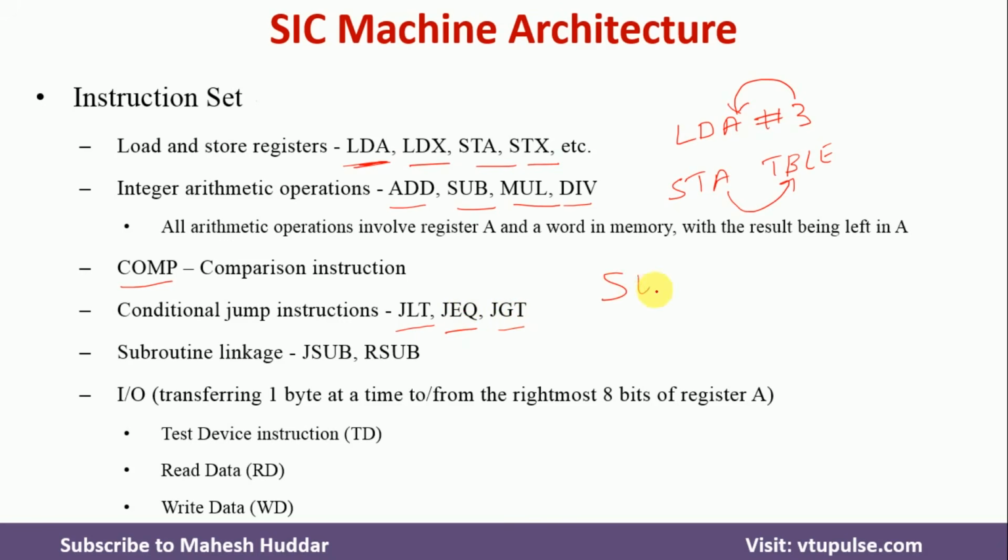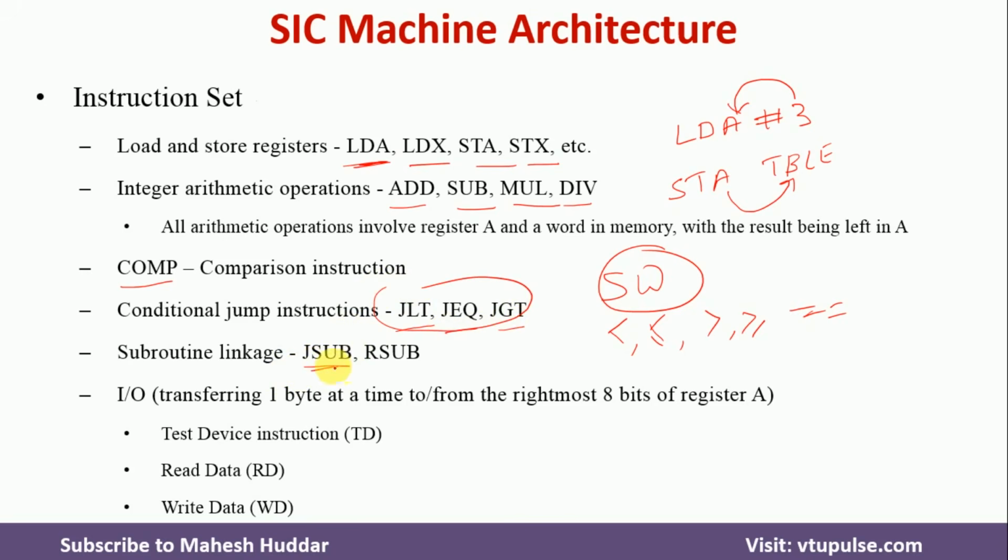Here we use the content of SW. SW can contain status words like less than, greater than, or equal to. Based on these conditions we can jump to a different subroutine.